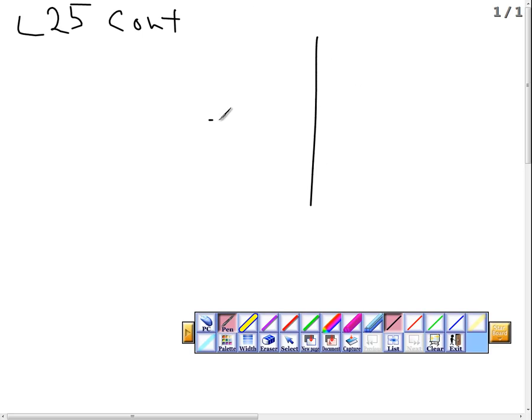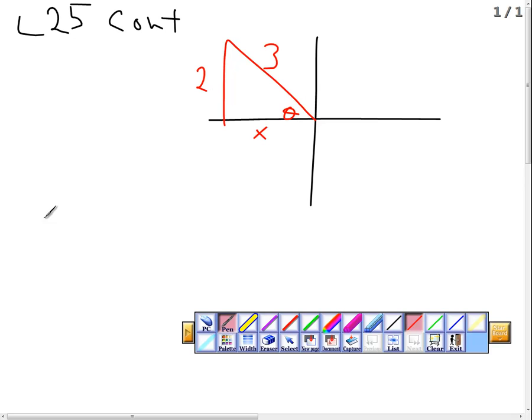Here's our coordinate plane, and here's our triangle. 2 is opposite, 3 is the hypotenuse. Here's our angle theta. So we're trying to find side x.